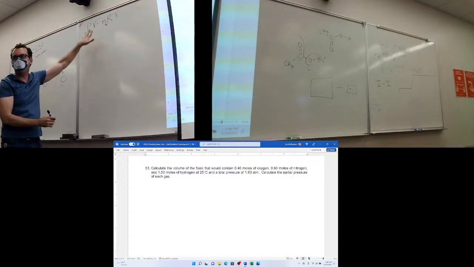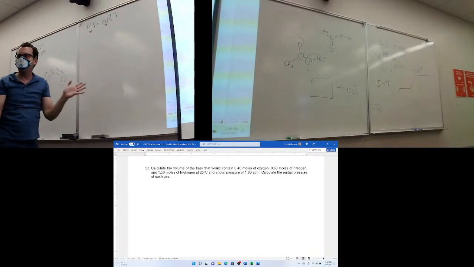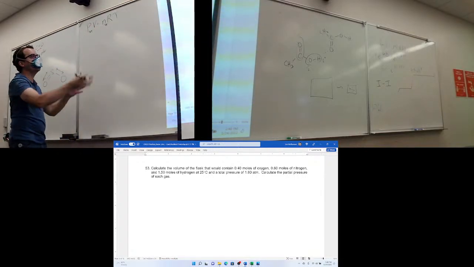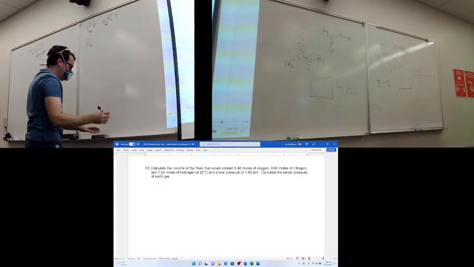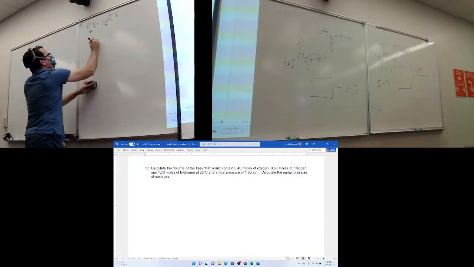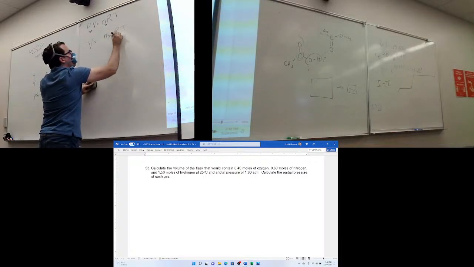Right? Those have to match. But temperature and volume is going to be the same for any of these, I should say, this scenario. So volume, not total pressure, is going to be number of moles total times R times T divided by total pressure.